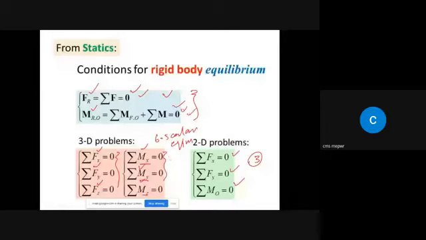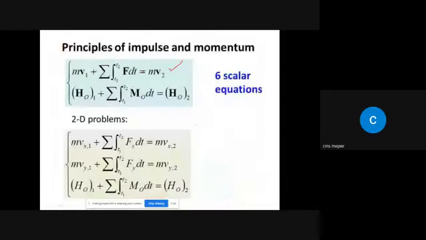So we have two vector equations, and if it is a 3D system, in scalar form we can have six scalar equations.